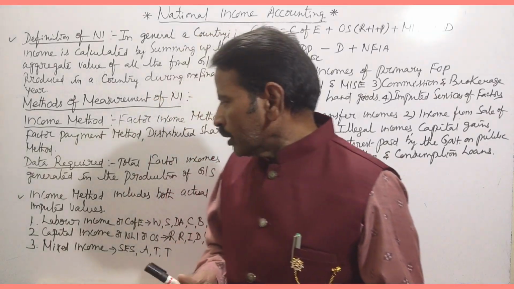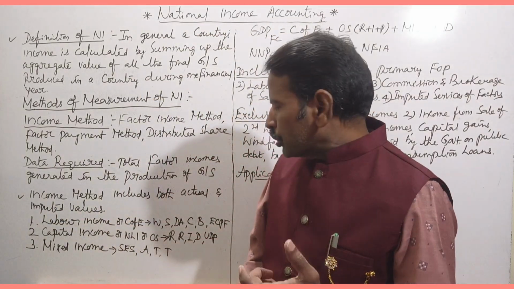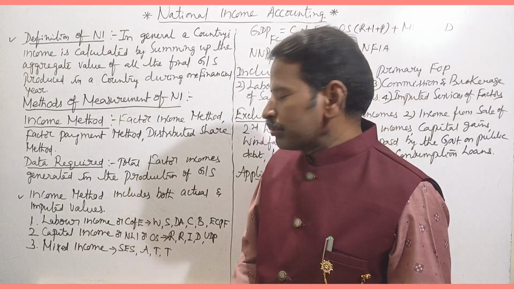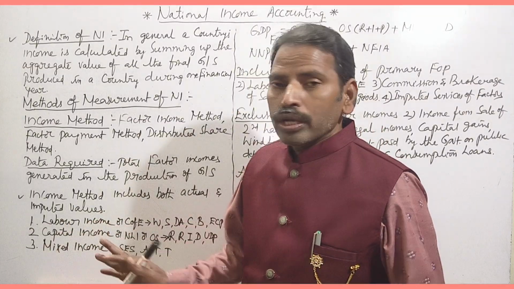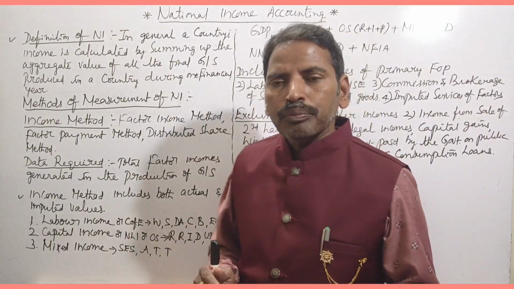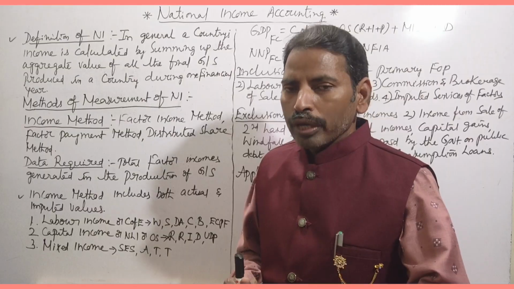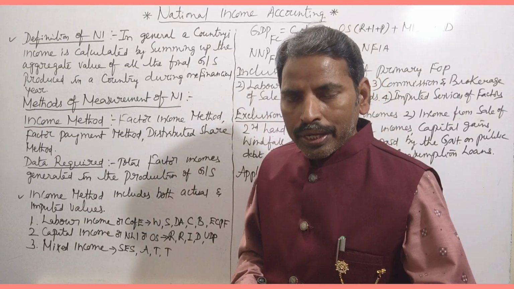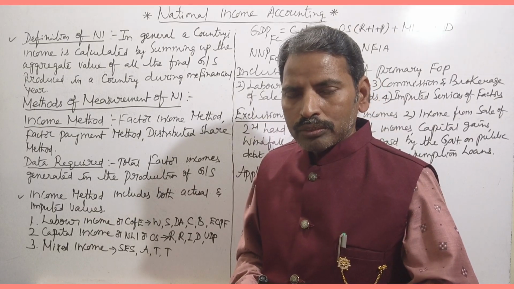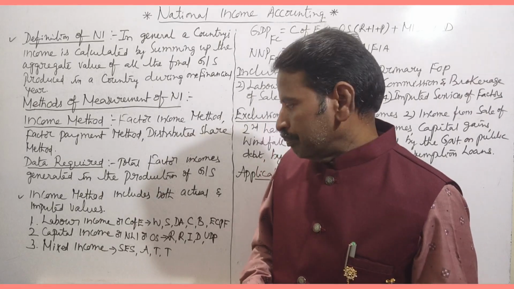The income method includes both actual values and imputed values: imputed rent, imputed wages, imputed interest, imputed profits, etc.